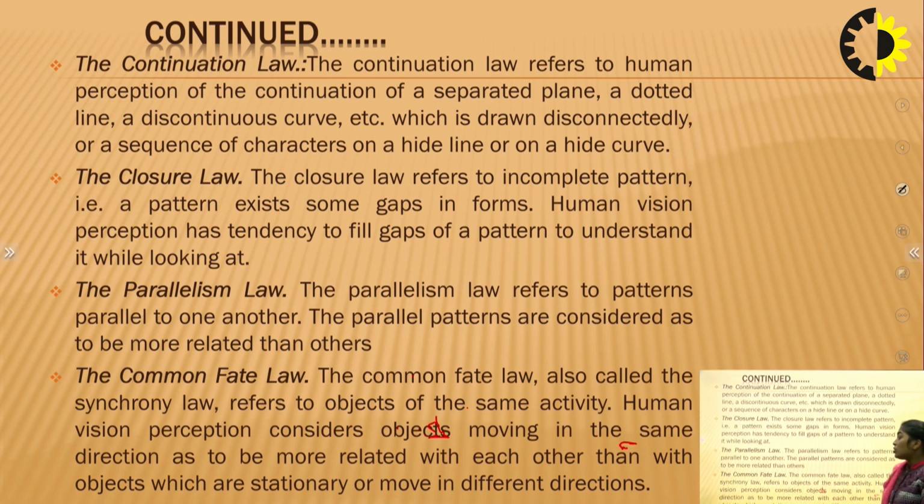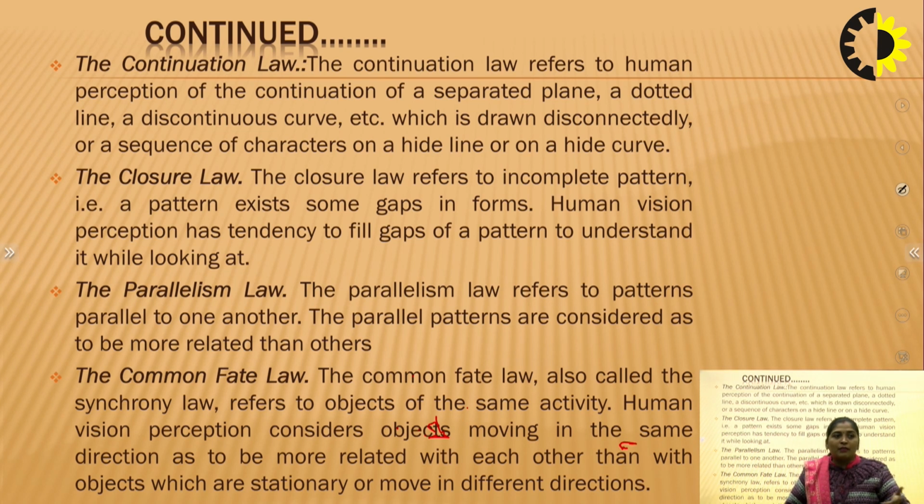So what is the common fate law? This law is also in space perception. What does this law state? It states that objects having the same activity, objects playing the same role, are grouped together. Suppose there are 100 students in a class and I want to check which of the students are moving in a straight line.